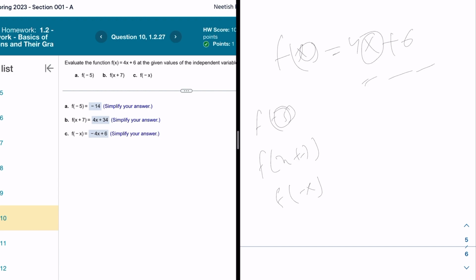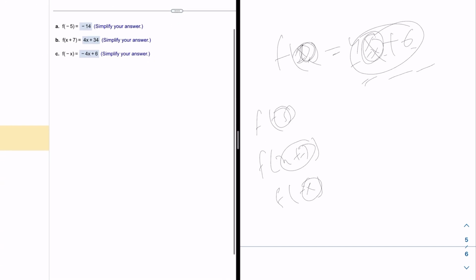Then instead of x, plug in x plus 7, and here also x plus 7, then multiply by 4 and you will get the answer. Then instead of x you plug in minus x, so here it will be minus x. Do the equation and you will get the answer. That's it.